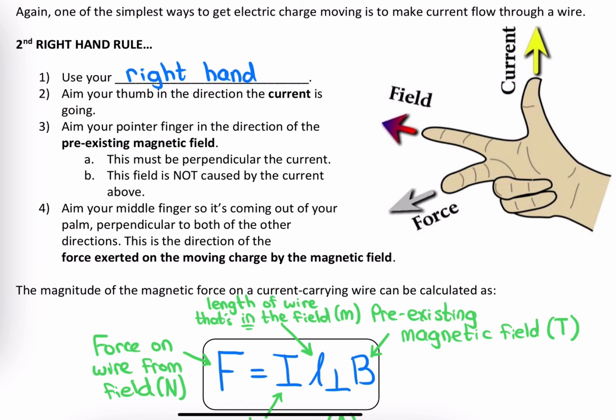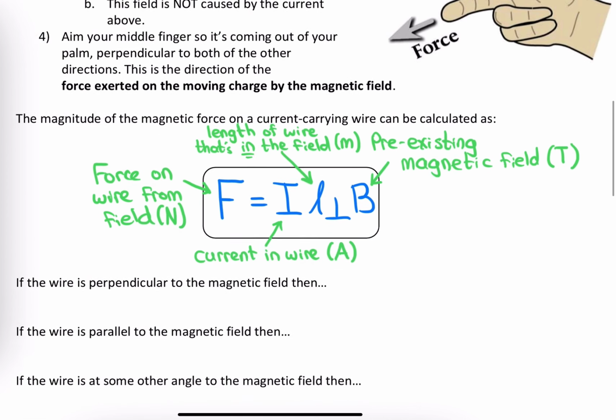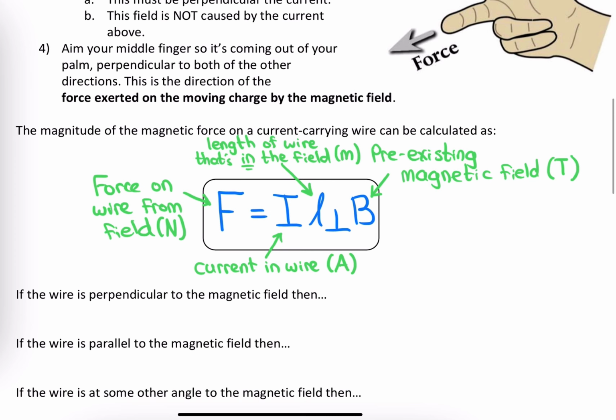So let's write some notes down about this. If the wire is perpendicular to the magnetic field, then great. This condition here has been met, and we can just plug numbers in.